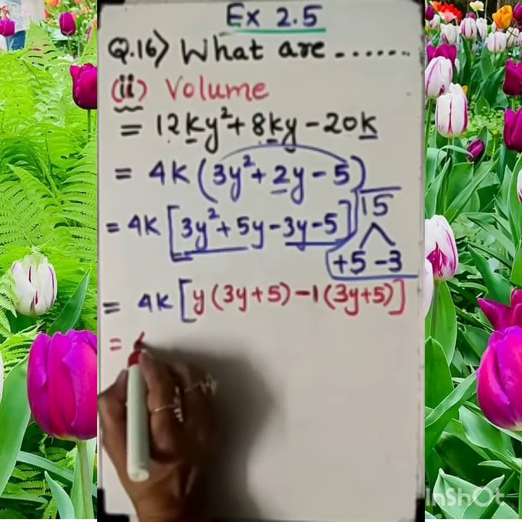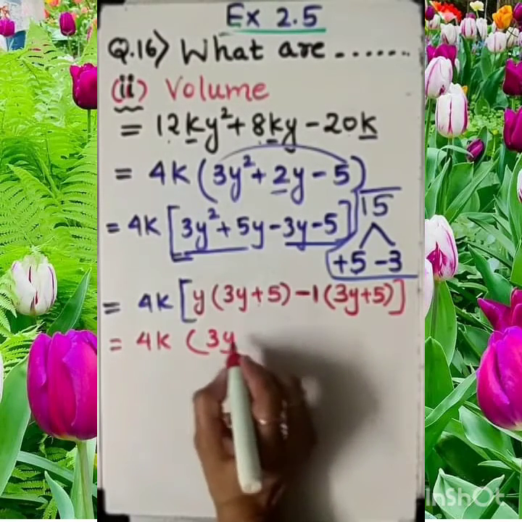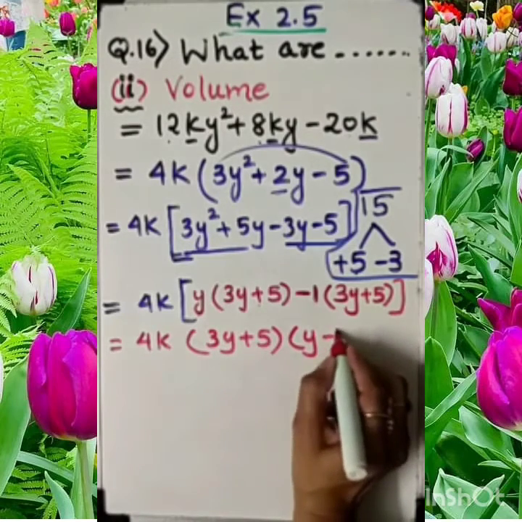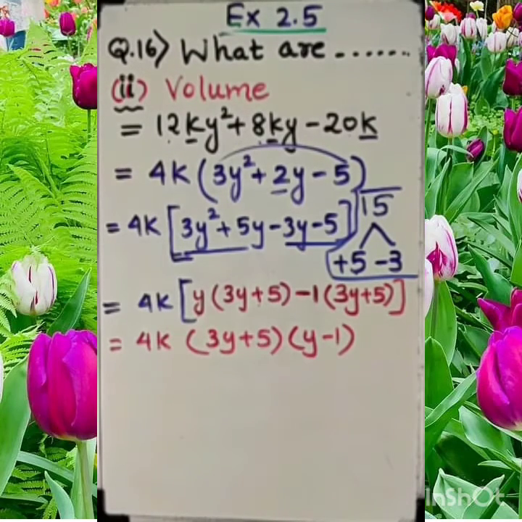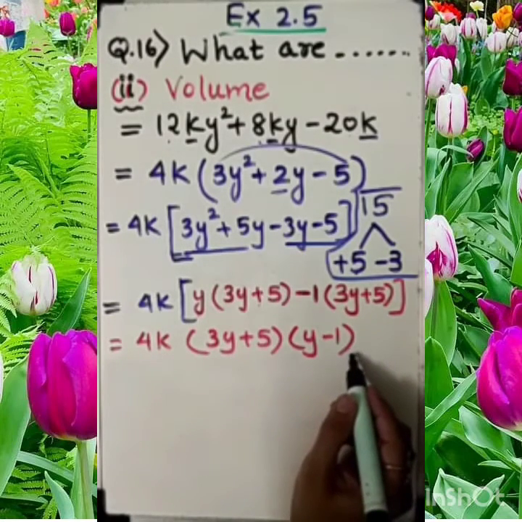You can see 4k is already there. 3y plus 5, 3y plus 5, they are similar. One time I am writing. And in the other bracket, that is y minus 1. So dear student, here 4k, 3y plus 5, y minus 1.